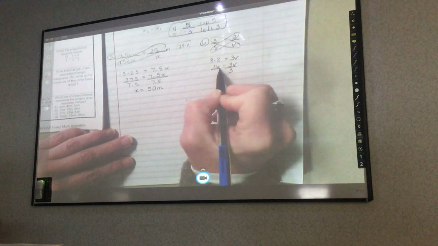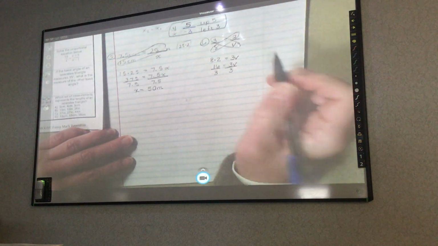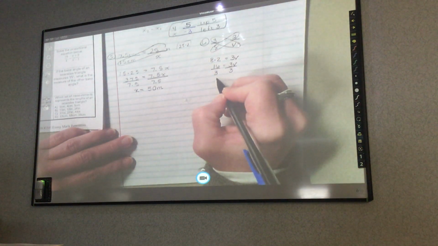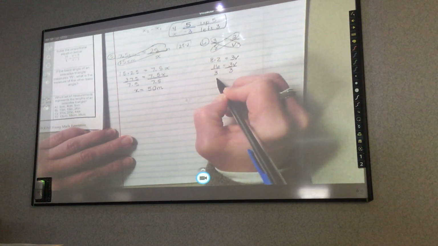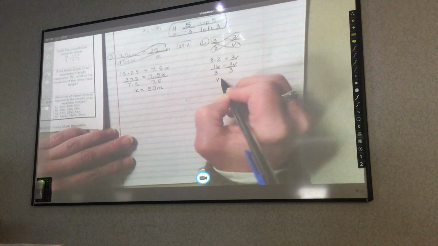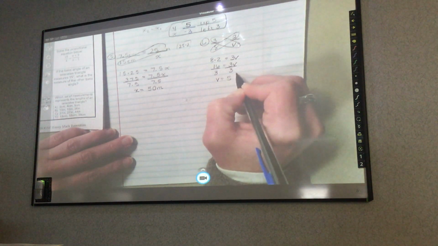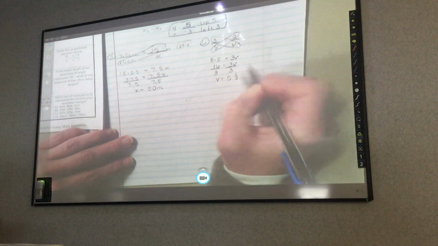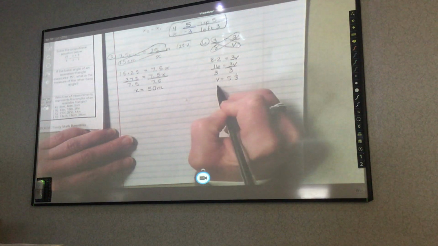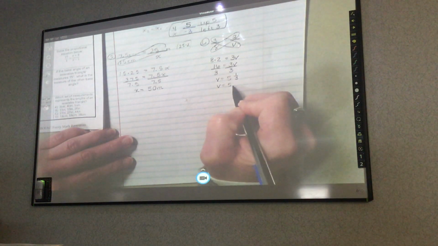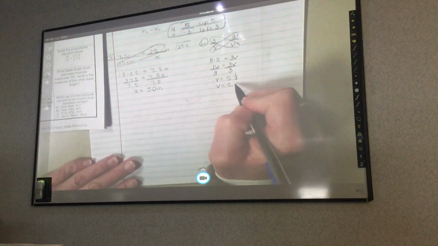Divide by 3, divide by 3. So once I do that division, I can leave it as a fraction, and I can say V equals 5 1/3. Or if you changed it to a decimal, it would be 5 point what? 3 repeated.